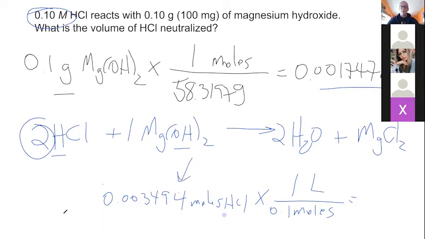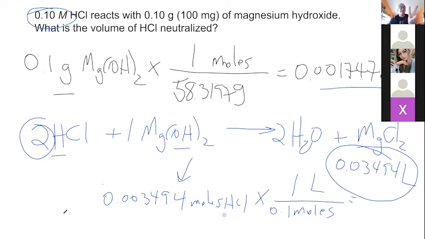So my volume is 0.03494 liters. And so how many significant digits should I use to report this result? 2.